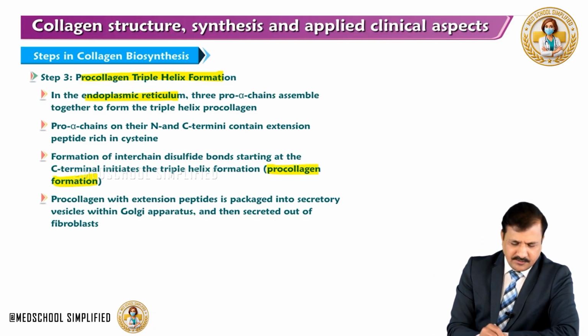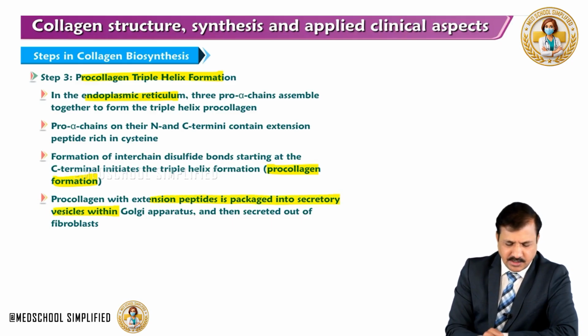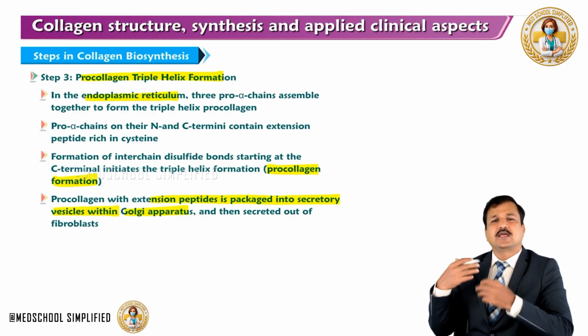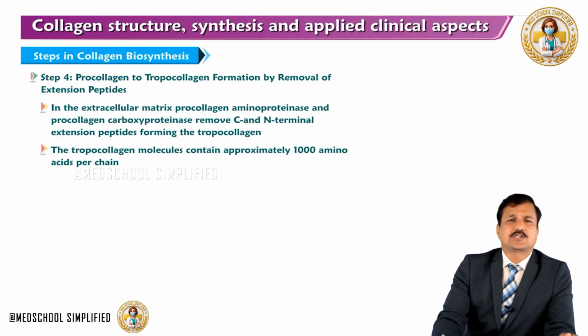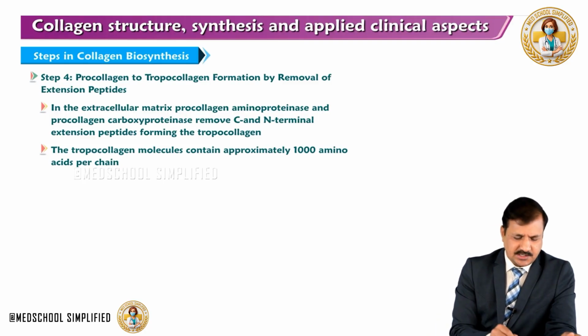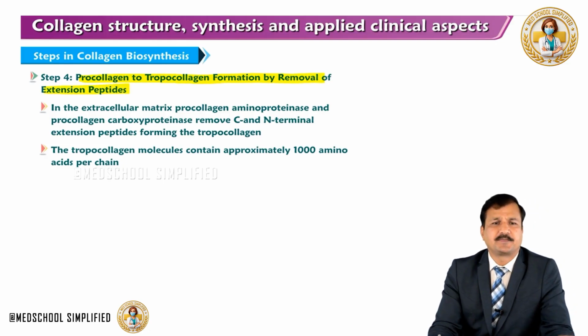And the procollagen with extension peptides is packaged into secretory vesicles within the Golgi apparatus, and then secreted out of fibroblasts. Now, the fourth step in collagen biosynthesis is procollagen conversion into tropocollagen by removal of extension peptides.